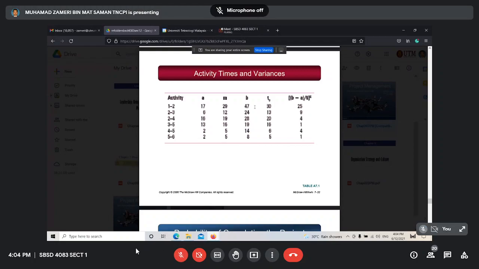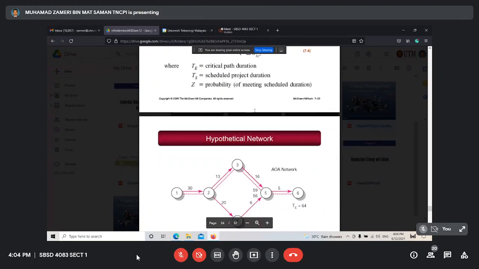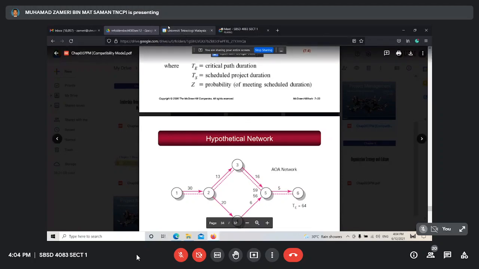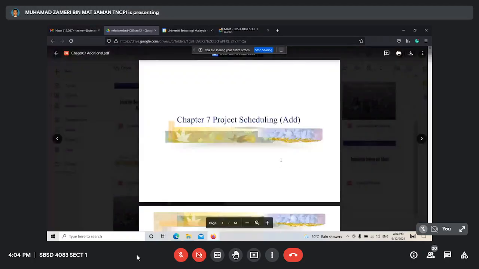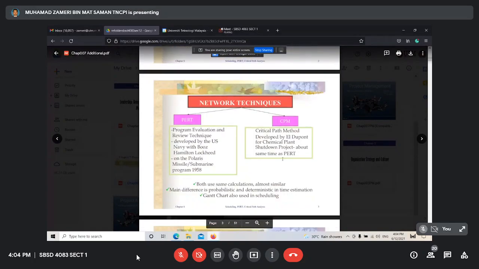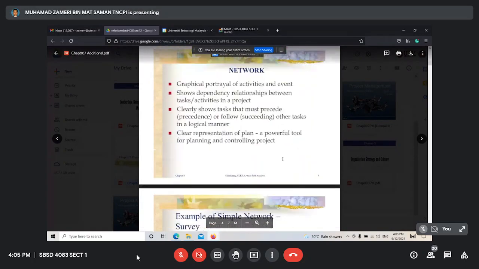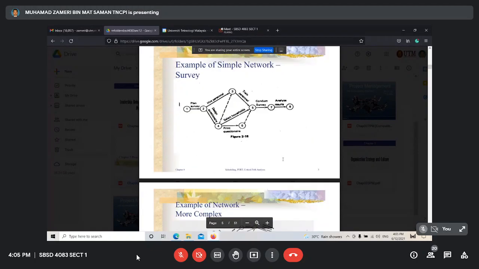Alright, so I think we finished chapter 7. And then I also provided additional chapter 7, but I think this additional chapter 7 maybe it's not needed, because this slide uses activity on arrow, you know.